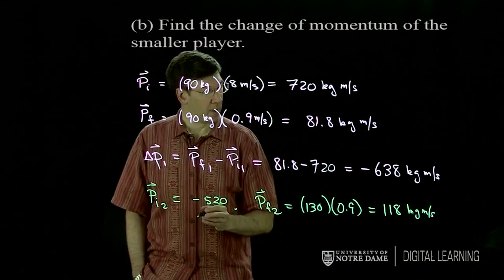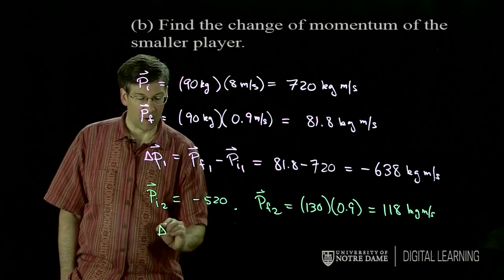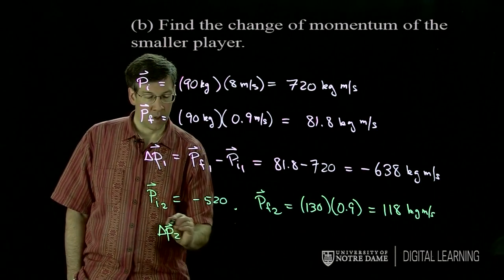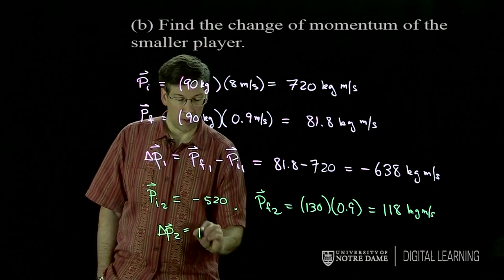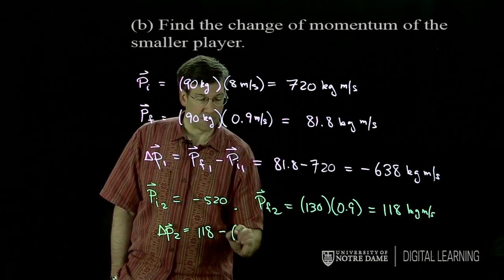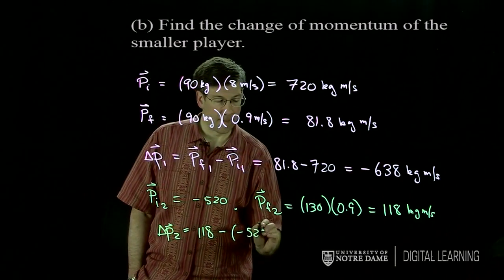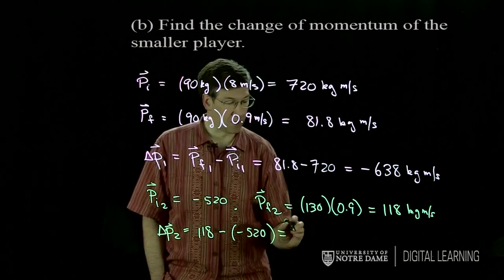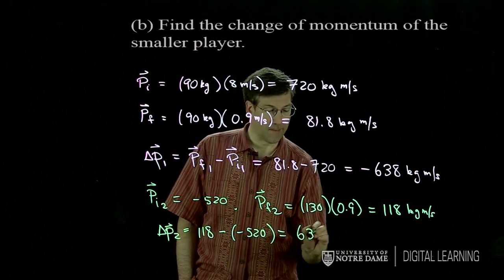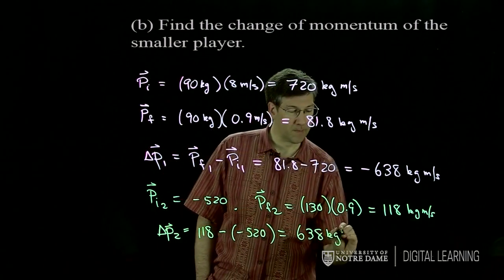And so the change in momentum for the big player, delta P2, is going to be equal to 118 minus a negative 520. So this is going to be equal to 638 kilogram meters per second.